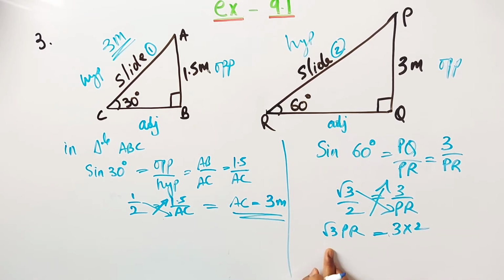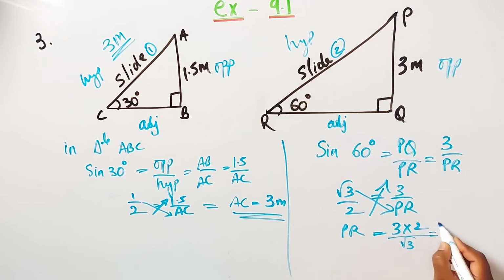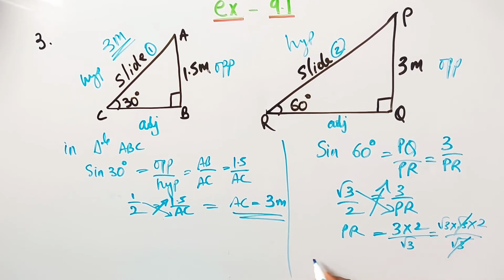Now root 3 is on the left hand side. If you send it to the right hand side, it will be in the position of denominator, right children? So this 3 we can write as root 3 into root 3. 2 already there, divided by root 3. Root 3 will get cancelled. So PR is equal to 2 root 3 meters.